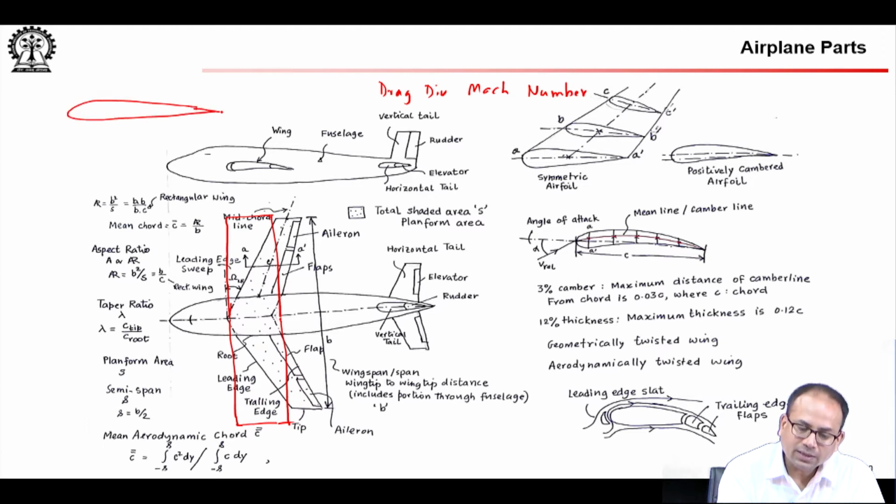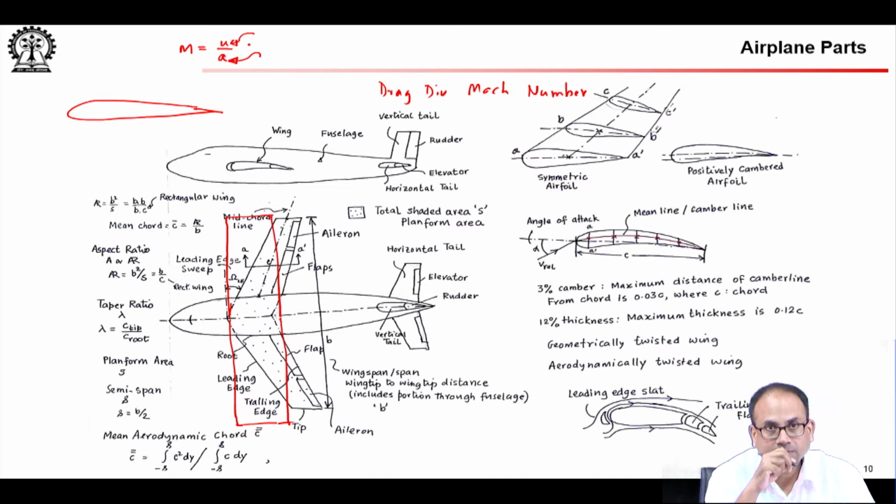Mach number, as we have been talking about, is u by a. You can think of u as the flow speed, divided by the local speed of acoustic disturbances. We also say speed of sound, but think of it as the speed at which acoustic perturbations propagate, because you will see that there is a physical significance to that.